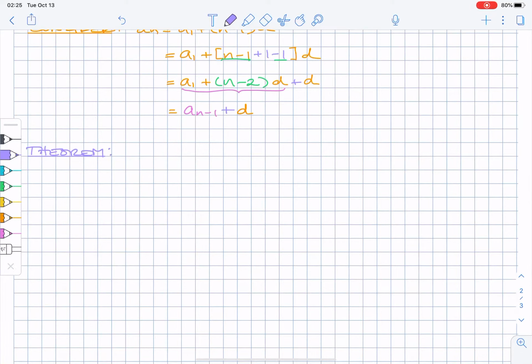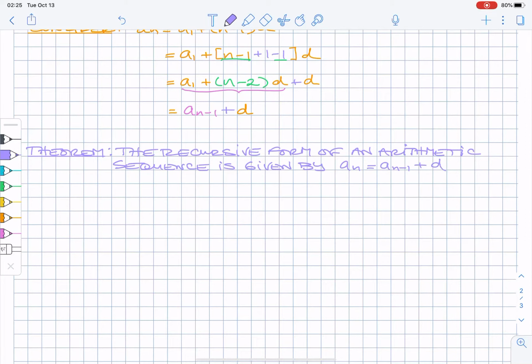The recursive form of an arithmetic sequence is given by a sub n is equal to a sub n minus 1 plus d.